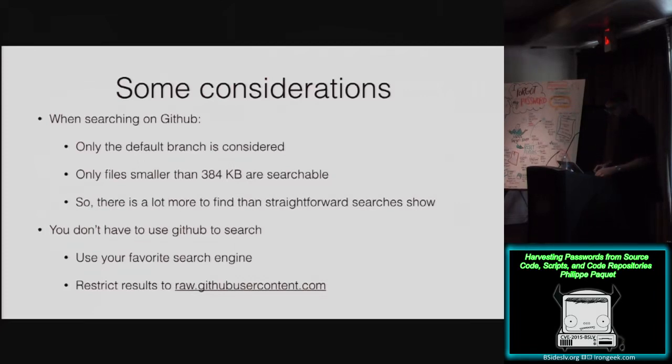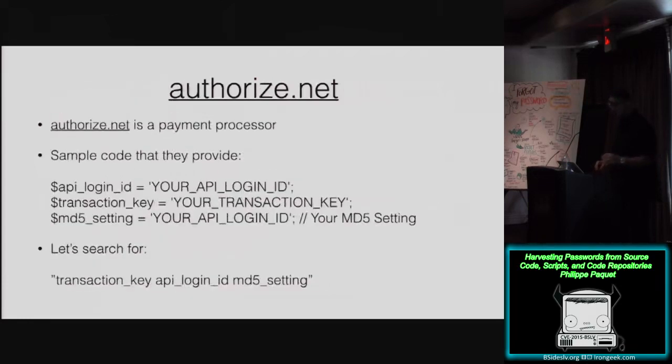So let's start with Authorize.net. Authorize.net is a payment processor. If you look at their sample code, you can find some keywords: API login ID, transaction key, MD5 settings.